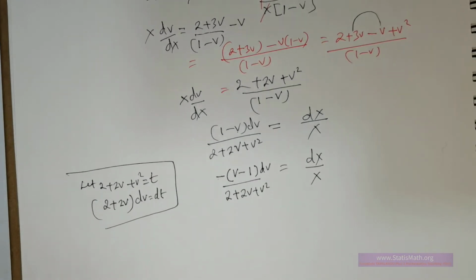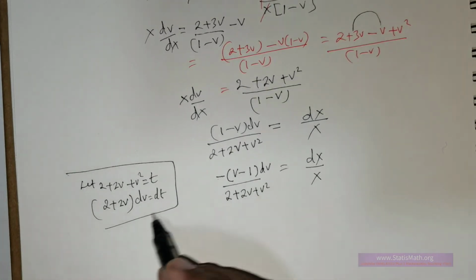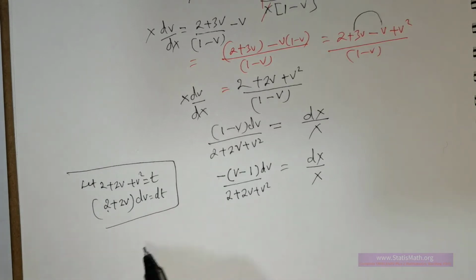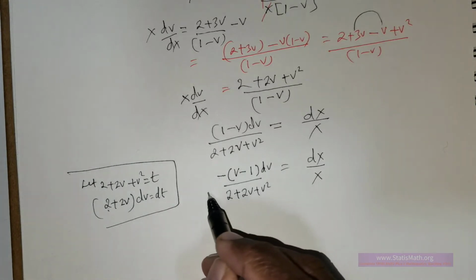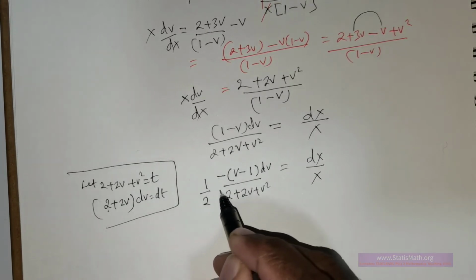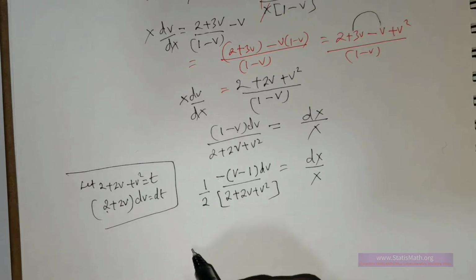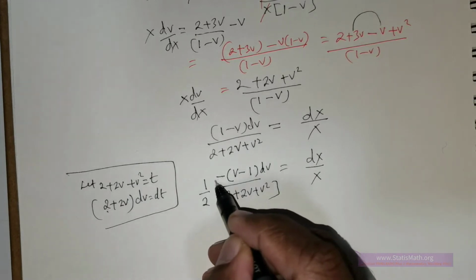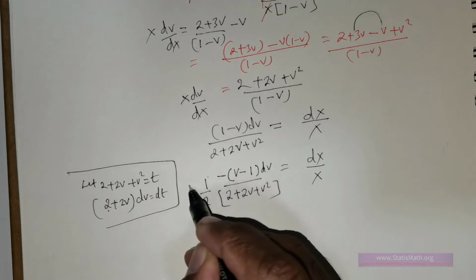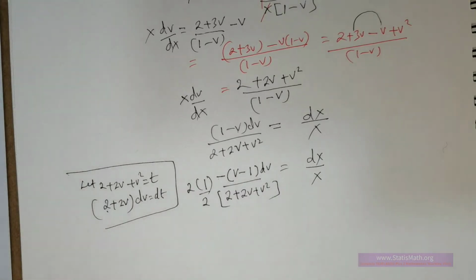So now what I'm going to do is, I need to somehow have this 2 there. So the best way to do that is to multiply and divide by 2. So I'm going to have 2 in the denominator and 2 in the numerator. So let me just place 2 like that.